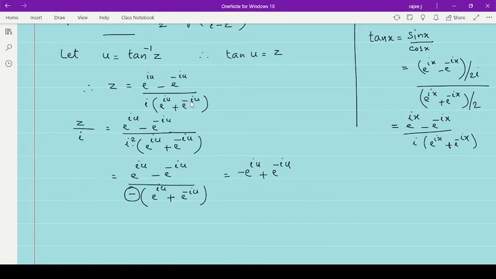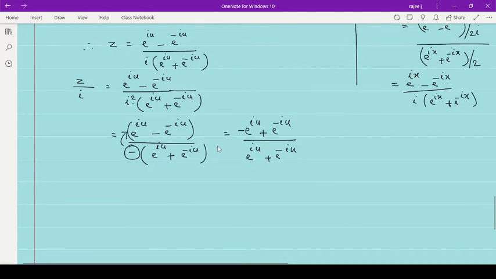What happened here? This minus is taken to the numerator, so it is minus e raised to iu plus e raised to minus iu, divided by e raised to iu plus e raised to minus iu. Don't think that these both are same; here there is a negative sign. We will just rearrange it a little bit.